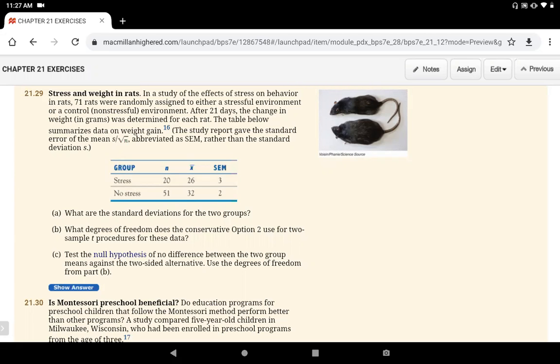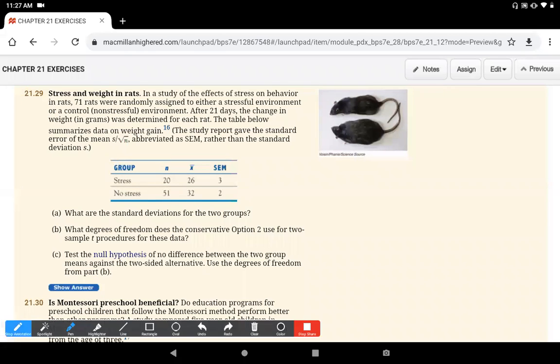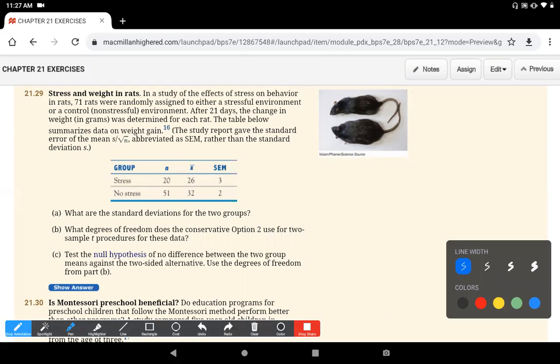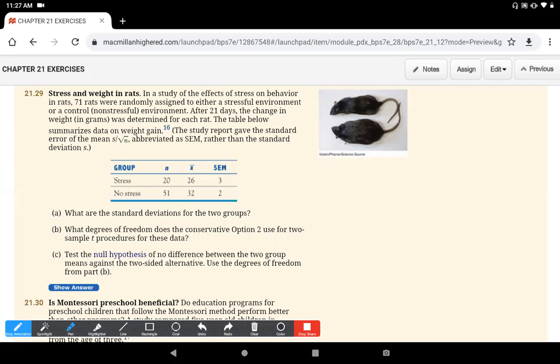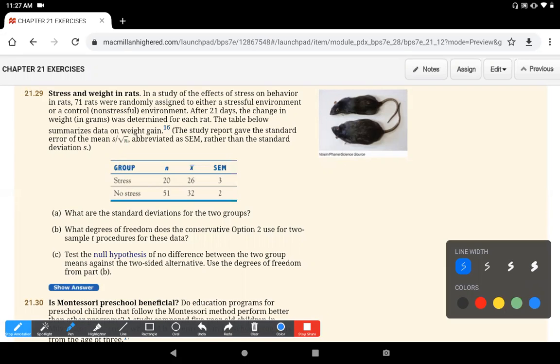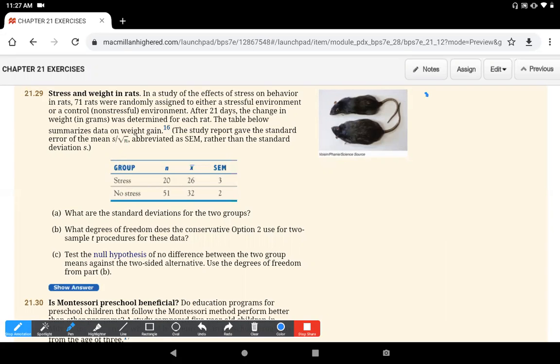Well, if we know that the standard error for the mean is S divided by root n, then we could solve for S by multiplying each side by root n.